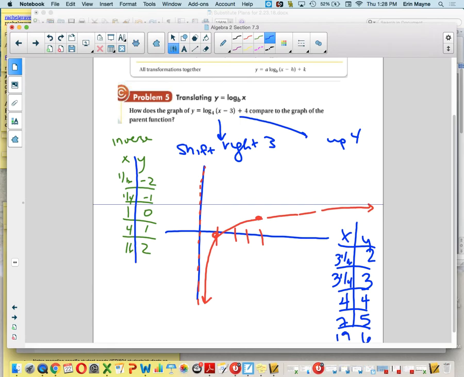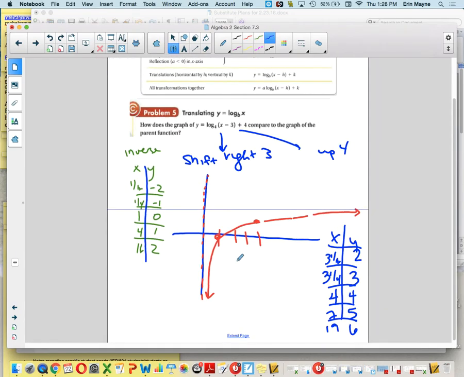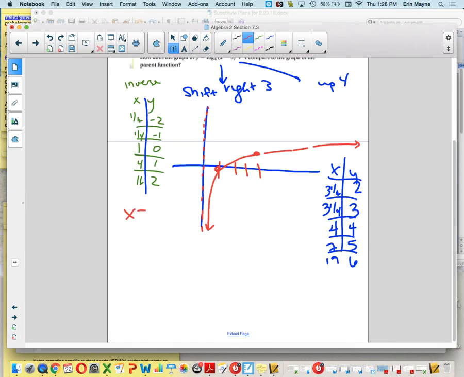Now, what's going to happen though, which I also want you to get in the habit of doing, is clarifying, just like when I move the exponential vertically, my horizontal asymptote shifts. If I move this horizontally, my asymptote shifts. The original asymptote here was at x equals 0.